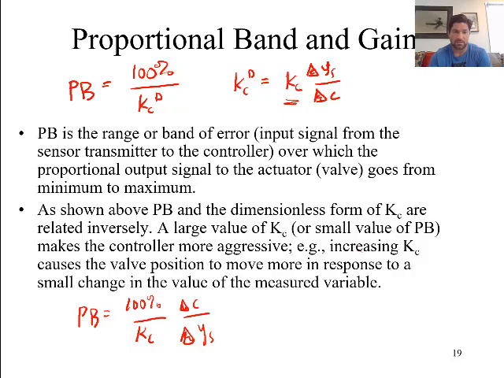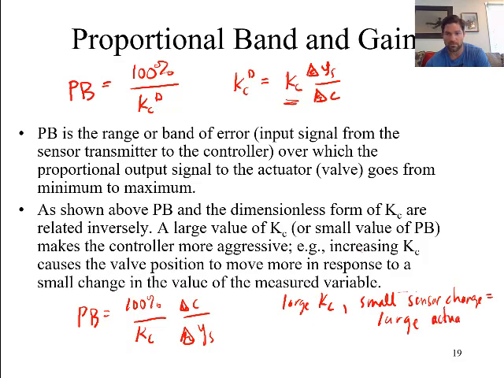Generally, a large Kc means a small change in sensor equals a large actuator movement, a large actuator adjustment. If the sensor is changing by just this much, the actuator is changing by a lot. So for a large Kc, the actuator can only move so much.